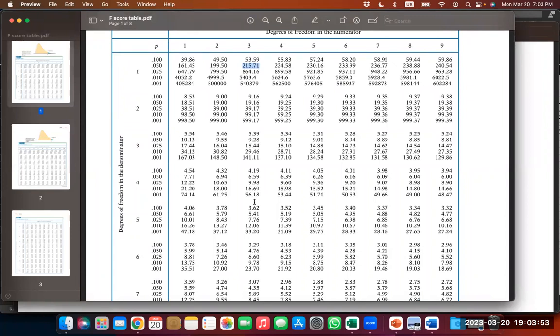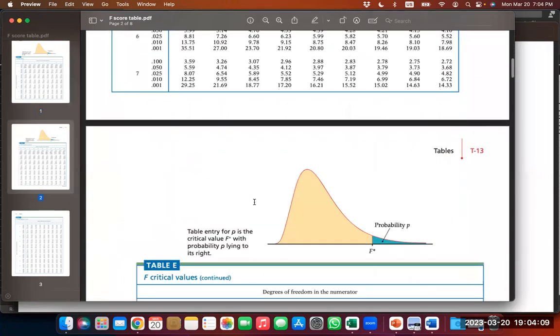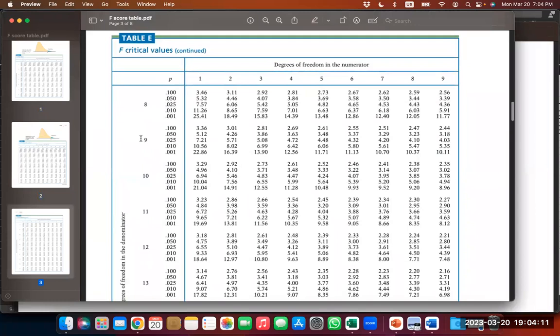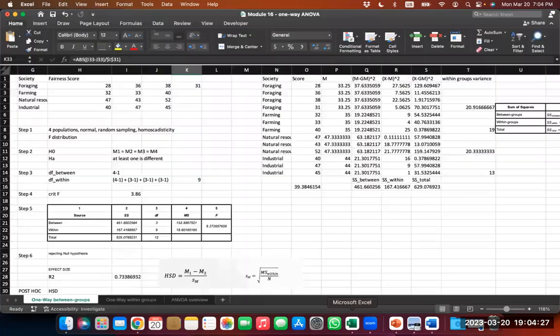It's 13 participants in total minus 4 groups, so 9 as degrees of freedom. We're going to the line corresponding with degrees of freedom in the denominator 9. We're finding 5% in the column for 3 degrees of freedom in the numerator, which corresponds with 3.86. So 3.86 is our critical F.